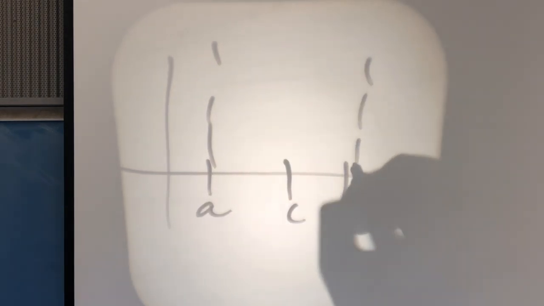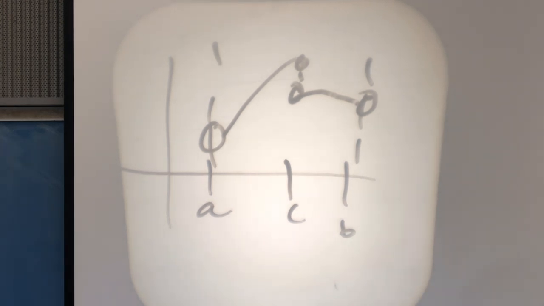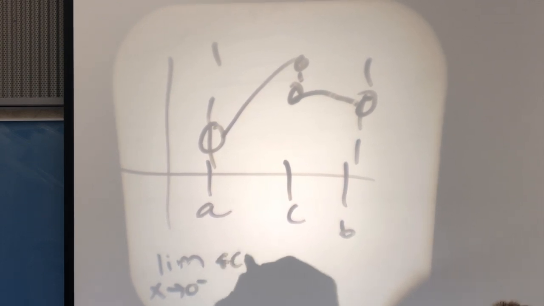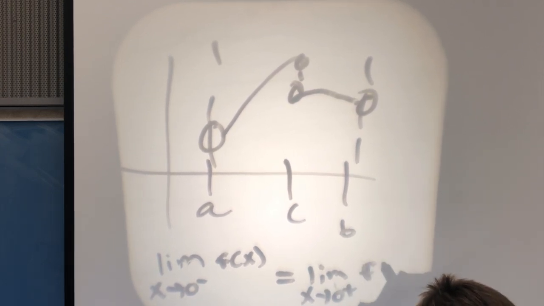Our second example: this one breaks our first rule, where the limit as x approaches 0 negative of the function has to equal the limit as x approaches 0 positive of the function.